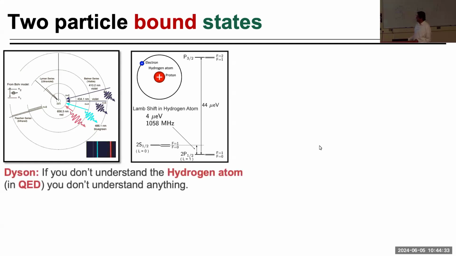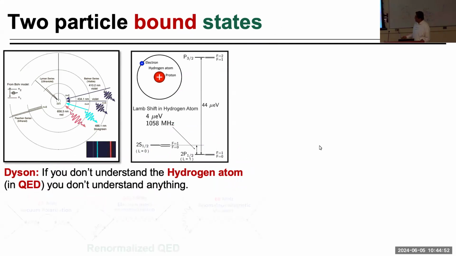This discrepancy, in fact, led Dyson to say that if you do not understand the hydrogen atom, then you really do not understand anything. Then it all set into motion the study of QED, quantum electrodynamics, at a deeper level.